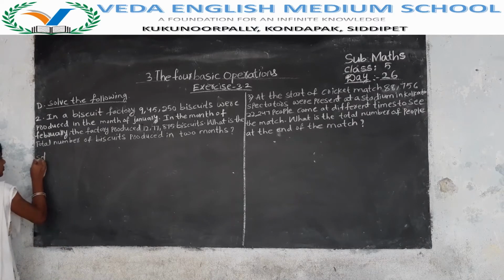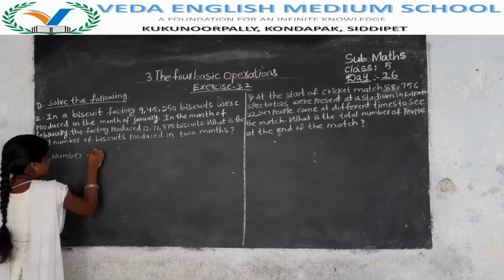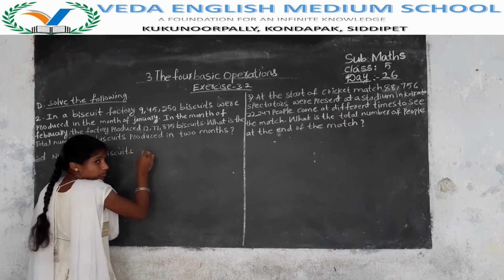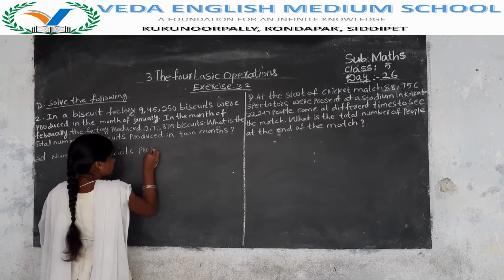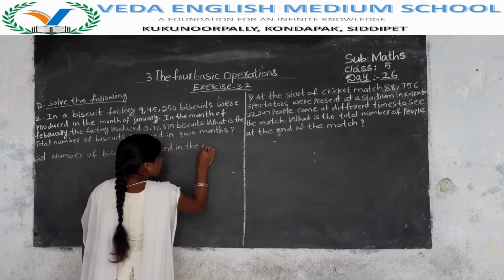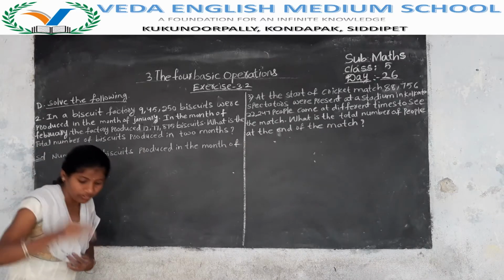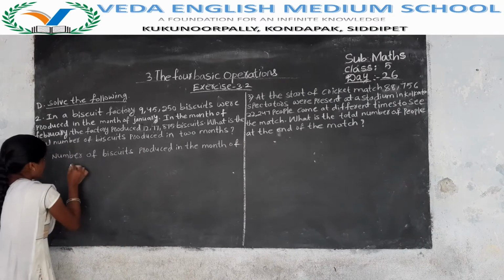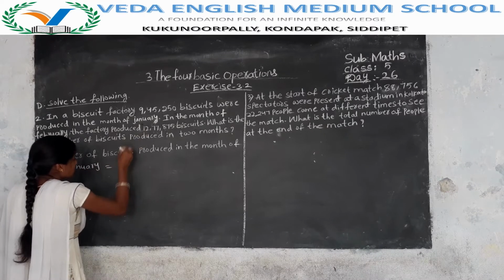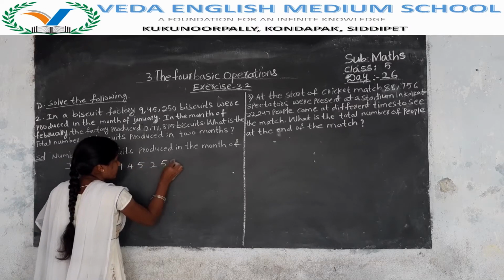So, solution. Number of biscuits produced in the month of January is equal to 9,45,250.